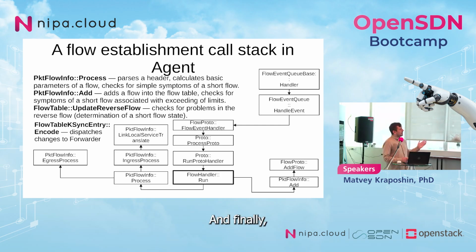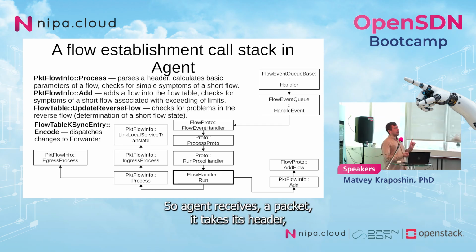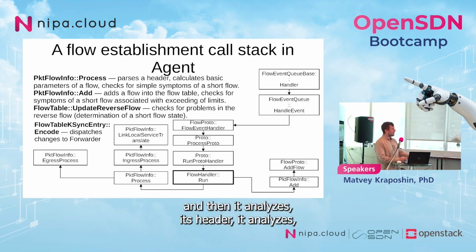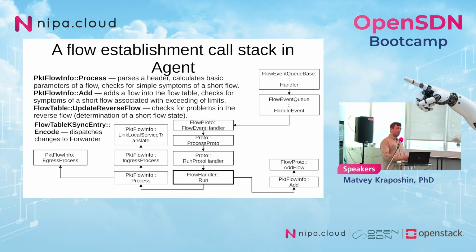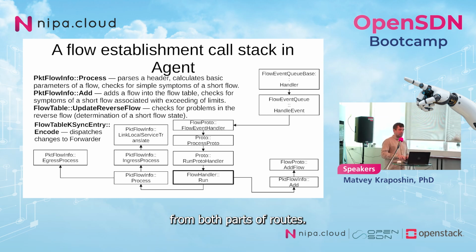And finally, a few words about flow establishment call stack and agent. So agent receives a packet. It takes its header, and then it analyzes its header. First of all, it tries to find a proper route. If route is found, it tries to analyze whether interfaces from both parts of routes are accessible.